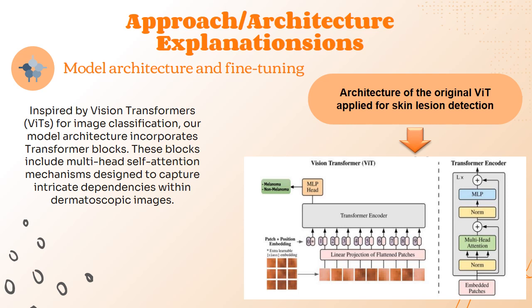After the patch embeddings have been processed by multiple transformer layers, the final layer's output is passed to the classification head, which is an MLP, or multilayer perceptron. The classification head is responsible for taking the encoded information from the transformer and mapping it to the desired output for the specific task at hand.